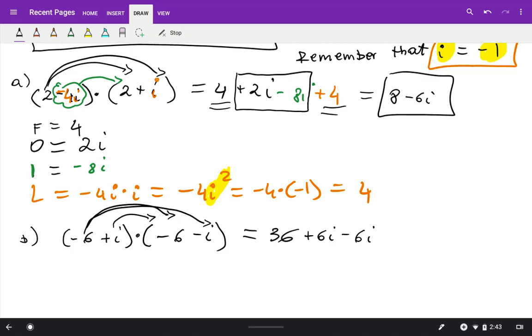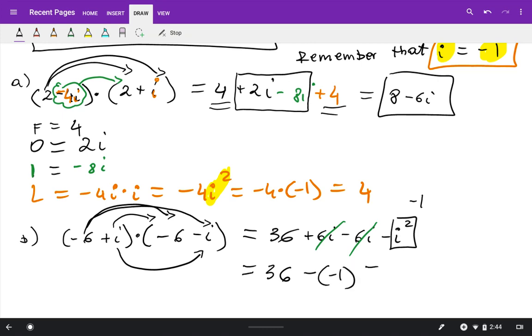And last stands for last, so you multiply i by negative i, and that will give you negative i squared. Simplify, so look what happened here. 6i and negative 6i will give you 0. So we end up with 36, and i squared is just negative 1. So we have negative of negative 1. And that will give you 36 plus 1, which is 37.